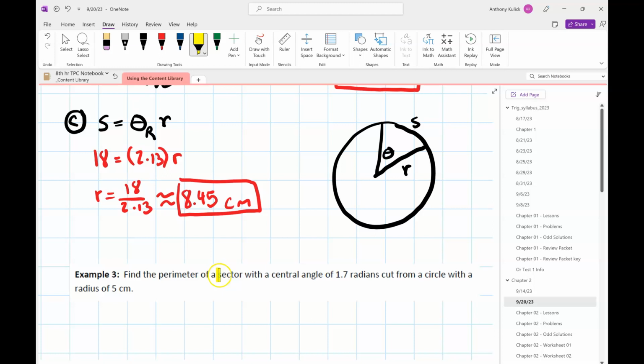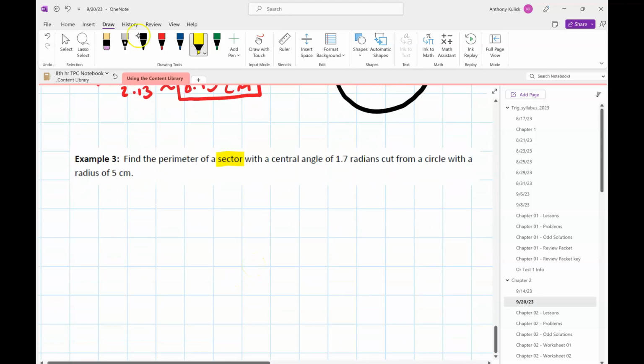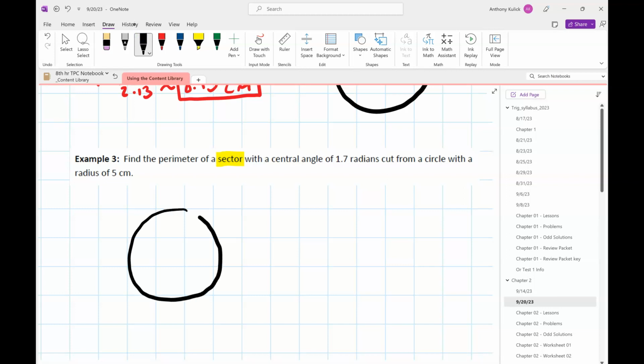Sector, yeah. That's a geometry term that we probably don't remember. What is a sector? A sector is a slice of pizza. So this guy here, slice of pizza, is our sector.